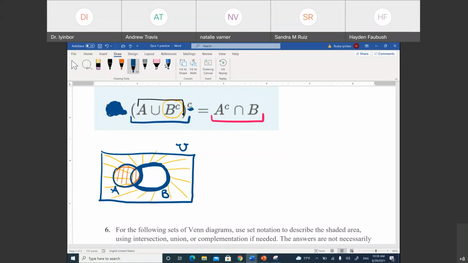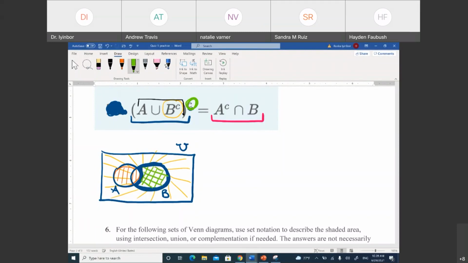And then from here, we have to find the complement. The complement of this is going to be opposite, right? So opposite of the outside area is the inside area. So the whole problem is going to be everything inside of this little area. That's my answer.